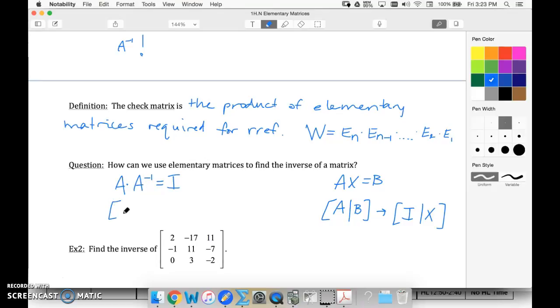So we're going to create an augmented matrix AI. And then we're going to perform all of our row operations, and thinking about the elementary matrices required to do that, in the end, we're going to end up with the identity matrix here, and our identity matrix on the right from the augmented matrix is going to end up being our A inverse. That's going to end up being our solution.